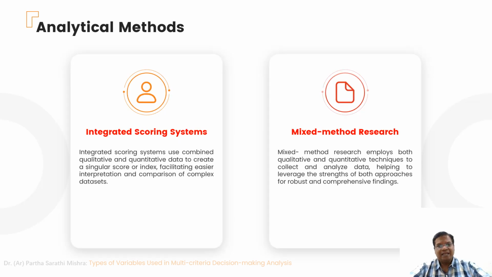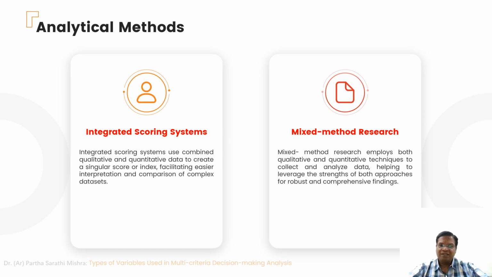So next is analytical methods. Now, integrating scoring systems. Integrating scoring systems are used combining both qualitative and quantitative data to create a singular score or index, facilitating easier interpretation and comparison of complex data.